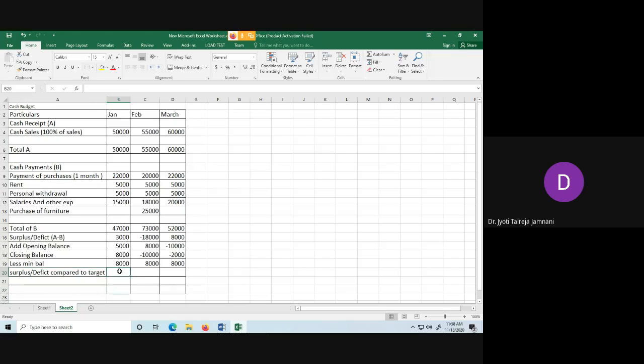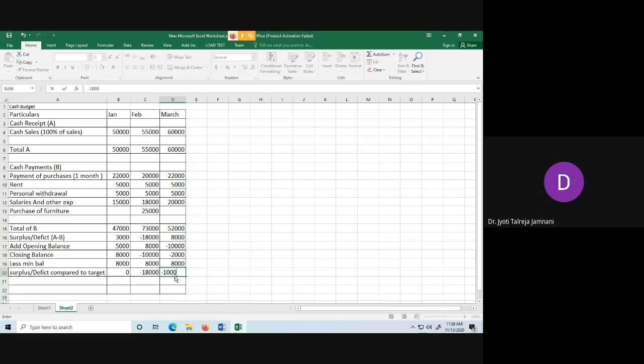So how to do it? We need to less 8,000 from 8,000. We met the target. There is no surplus or deficit. Minus 10,000 minus 8,000, minus 18,000 is the deficit. We're going to minus, remember, from closing balance, we're doing less minimum balance. Minus 2,000 minus 8,000 is what we wanted, right? So minus 10,000.